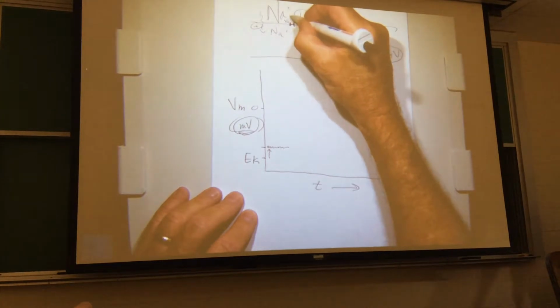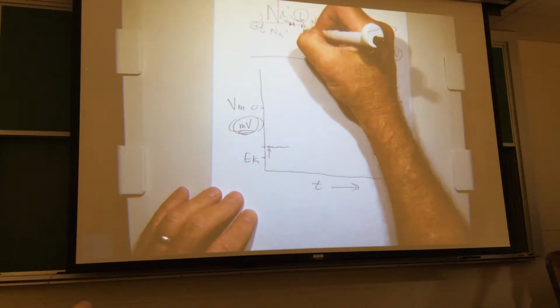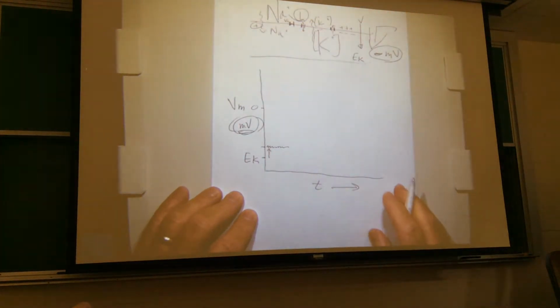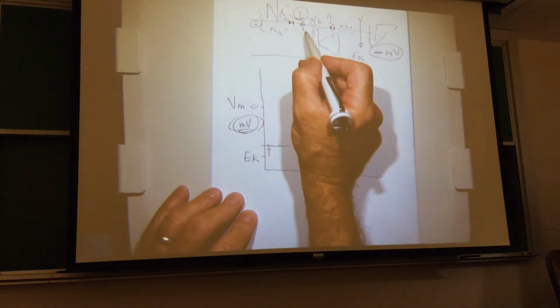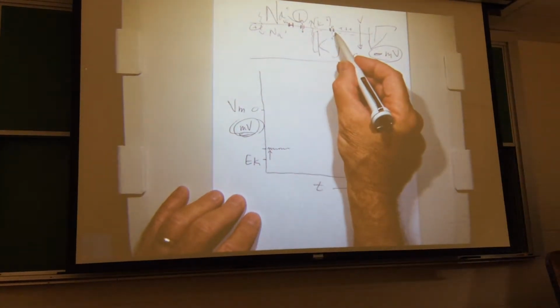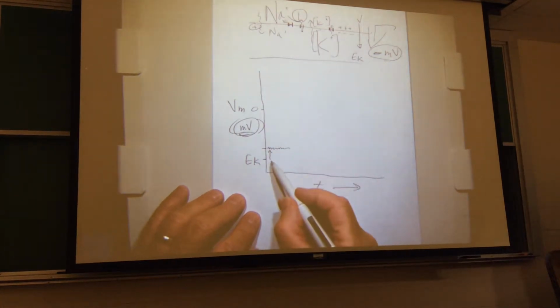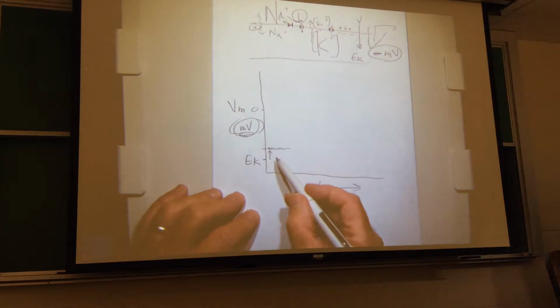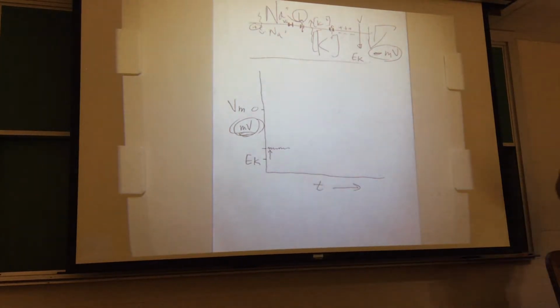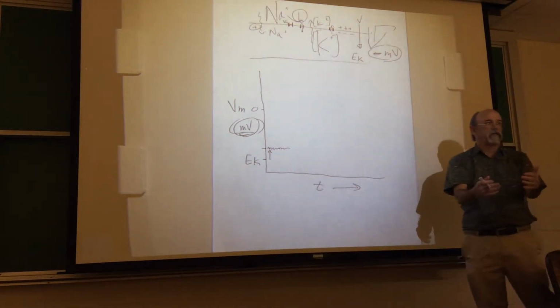And it's mainly sodium that's going through that leak. So that's happening at rest. And this is happening at rest, potassium going out. So potassium wants to take it all the way down to the equilibrium potential for potassium, all right? But you measure, it's a little higher.